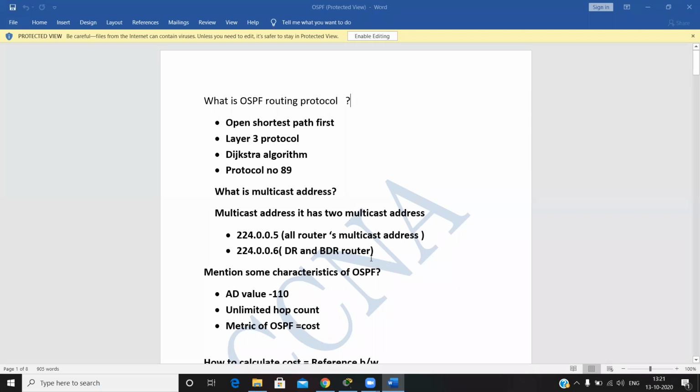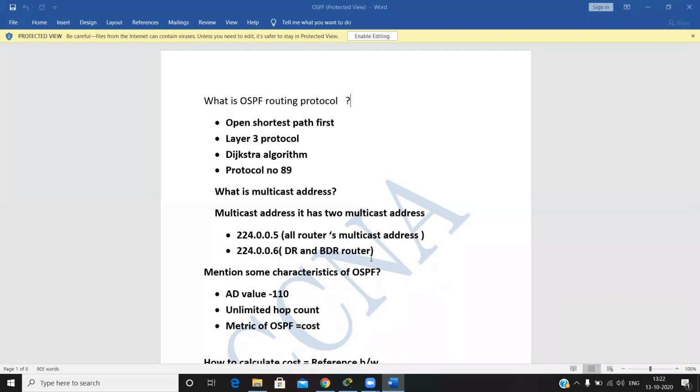Okay. So let's start the OSPF topic. Open Shortest Path First. This is the legacy protocol and works on Dijkstra algorithm. Dijkstra means shortest path first.